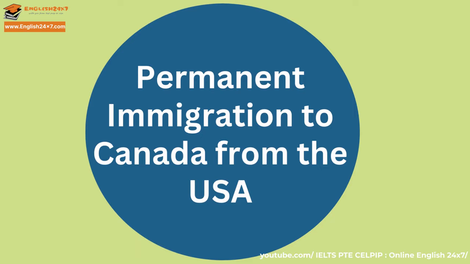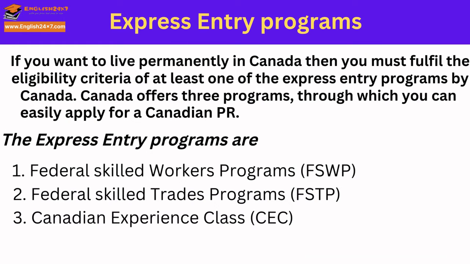Permanent immigration to Canada from the USA. If you want to live permanently in Canada, then you must fulfill the eligibility criteria of at least one of the Express Entry programs by Canada. Canada offers 3 programs, through which you can easily apply for a Canadian PR. The Express Entry programs are: Number 1. Federal Skilled Workers Program, Number 2.